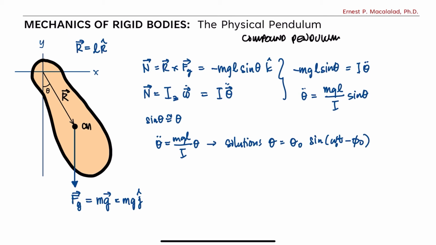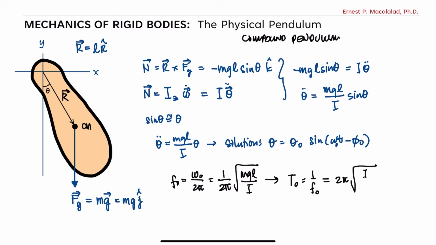Therefore, the frequency of oscillation f naught is equal to omega naught over 2 pi, or simply 1 over 2 pi times the square root of mgL over I. Consequently, the period of rotation, which is just the reciprocal of the frequency, is written as 2 pi times the square root of I over mgL.